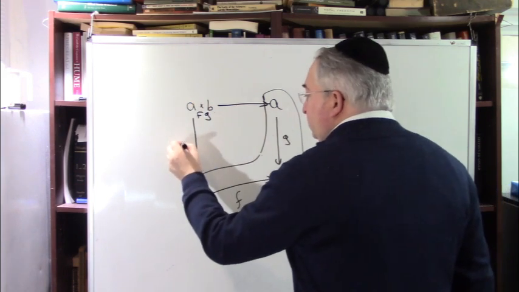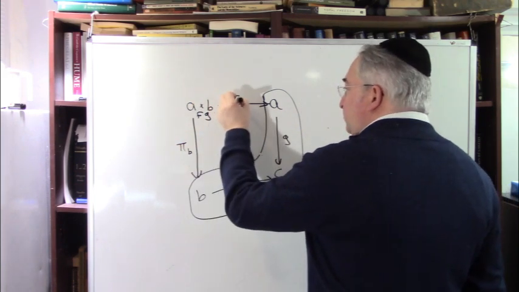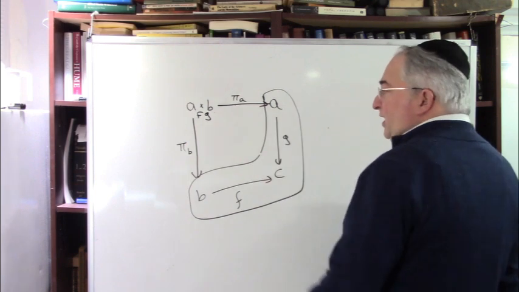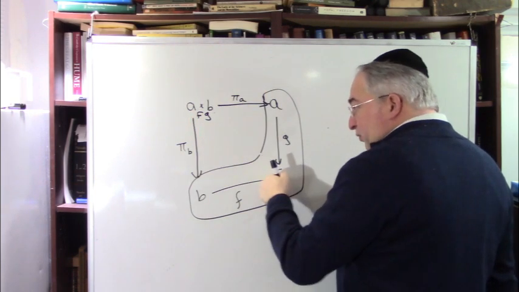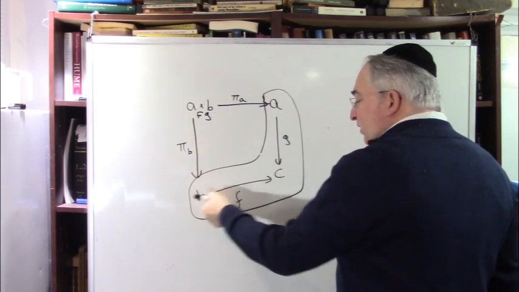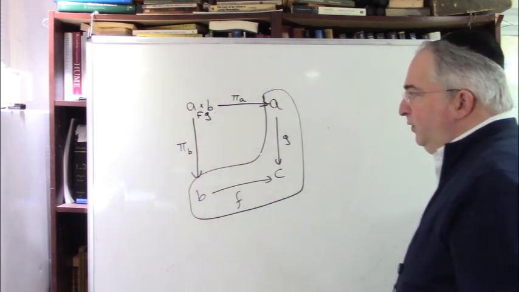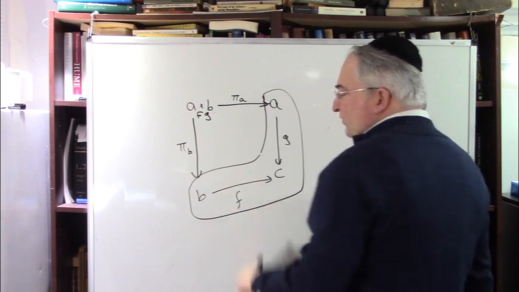These are usually called pi of b and pi of a, such that pi of a followed by g is equal to the middle one, which is equal to pi of b followed by f. So it's those things that satisfy both.